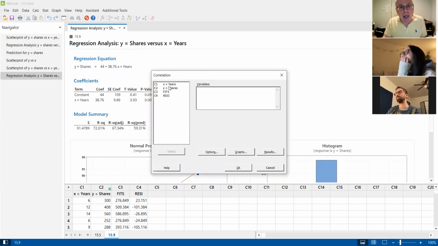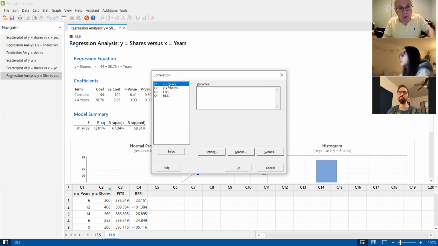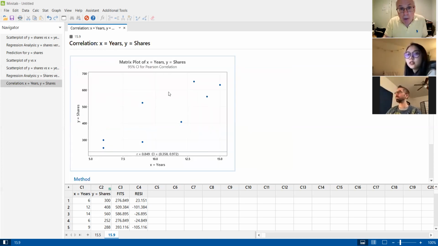And we simply highlight X and Y. So I'm going to use my control key and highlight both and then click OK. It's not letting me do that. So I guess I just have to do one at a time. Just click OK, and it'll give me a scatter plot.